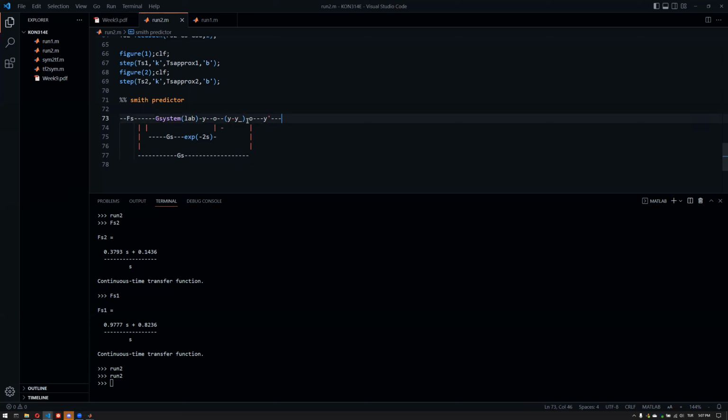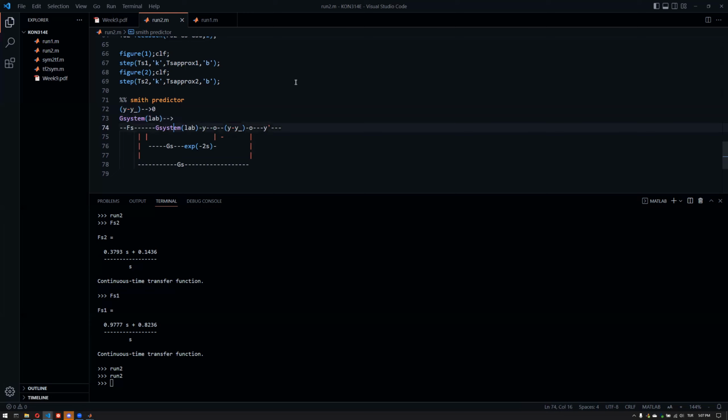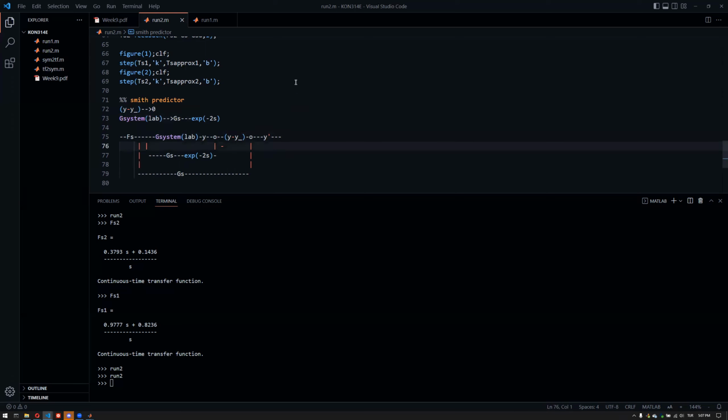And this solely depends on the fact that this should be ideally 0. So these should be tending to 0. Therefore, the system model should be tending to your model with delay here. If this is the case, then you have an outer loop here.